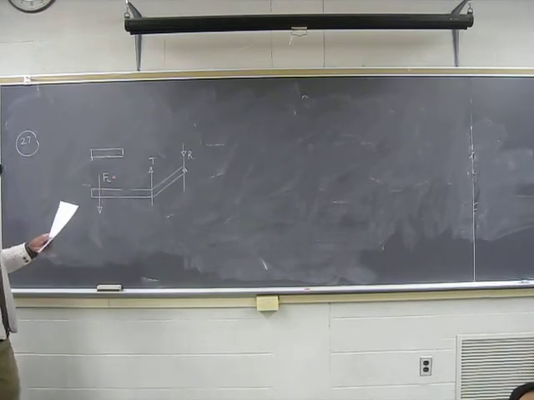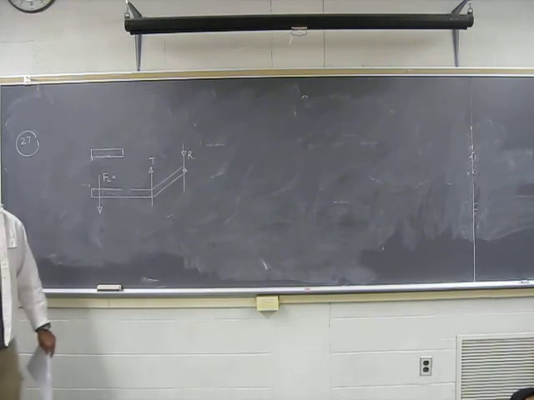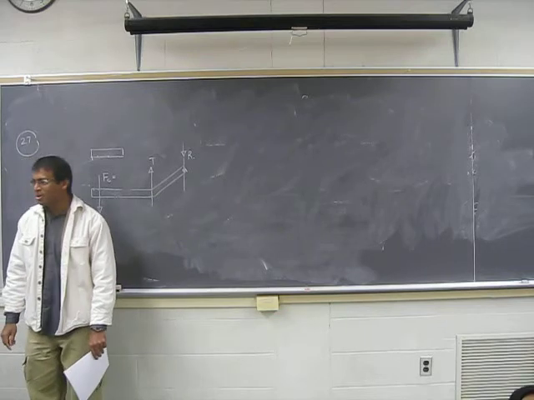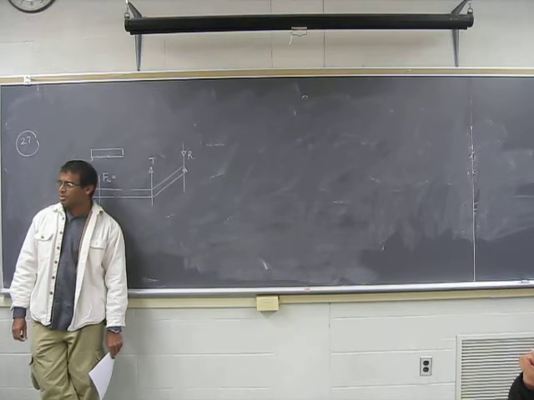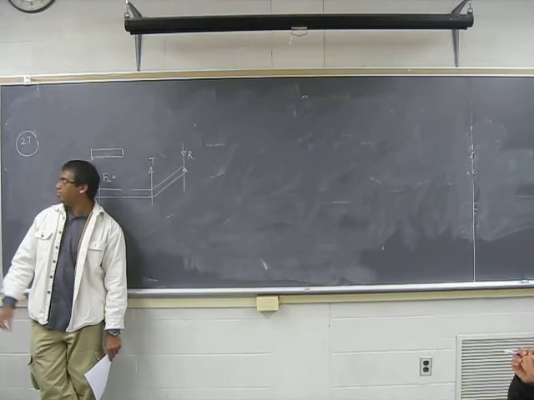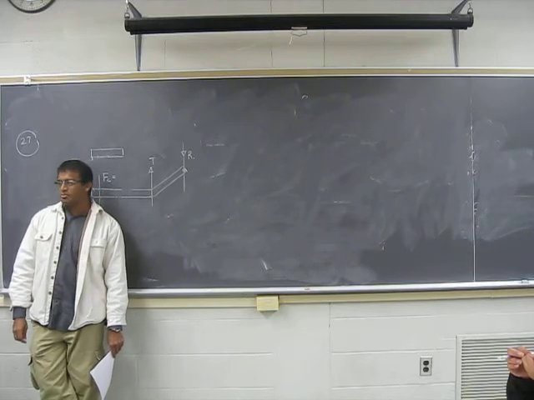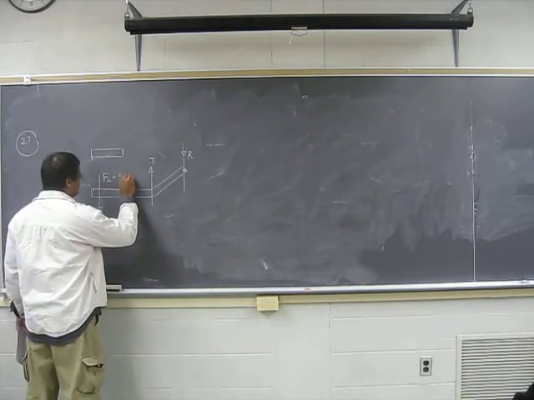So what's the force that's acting down right here? Nobody has the books up. Bring the textbooks up, please. Before we discuss this, we really need to go over the problem, right? Problem number 27. Find me the numbers. 50 newtons.